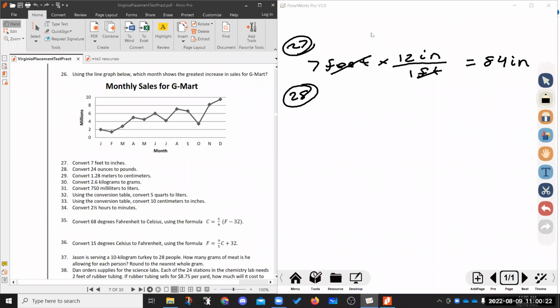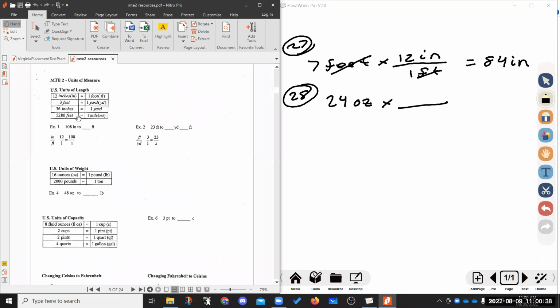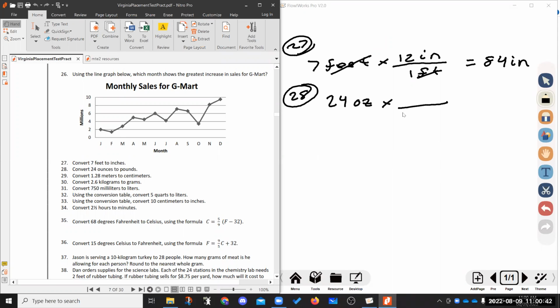So for number 28, it asks us to convert 24 ounces to pounds. So we have 24 ounces. If you just want to see the conversion factor here, we have 16 ounces per pound. So ounces have to line up across from ounces.